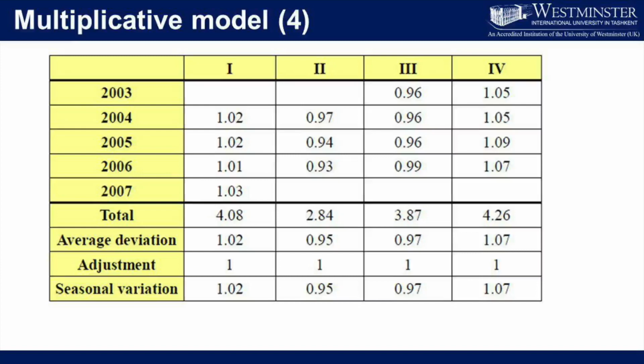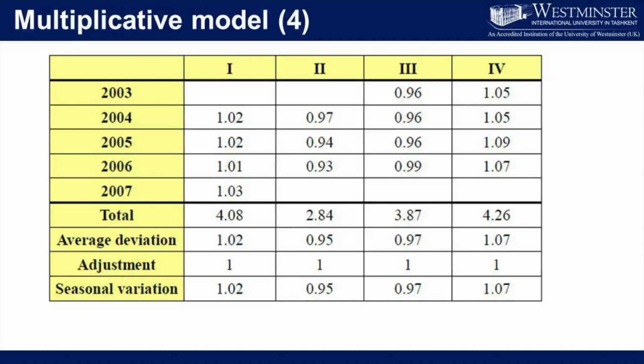Now, can you tell me the forecast for 2007 fourth quarter? What will be the sales for the fourth quarter? It goes up. Yeah, it goes up. How do you know? It's more than 1. Right, exactly. So the seasonal variation is more than 1.